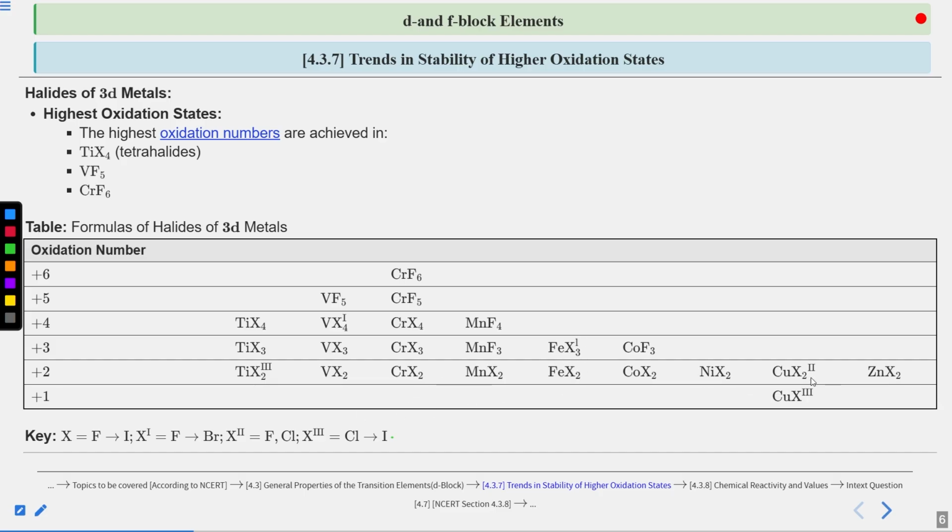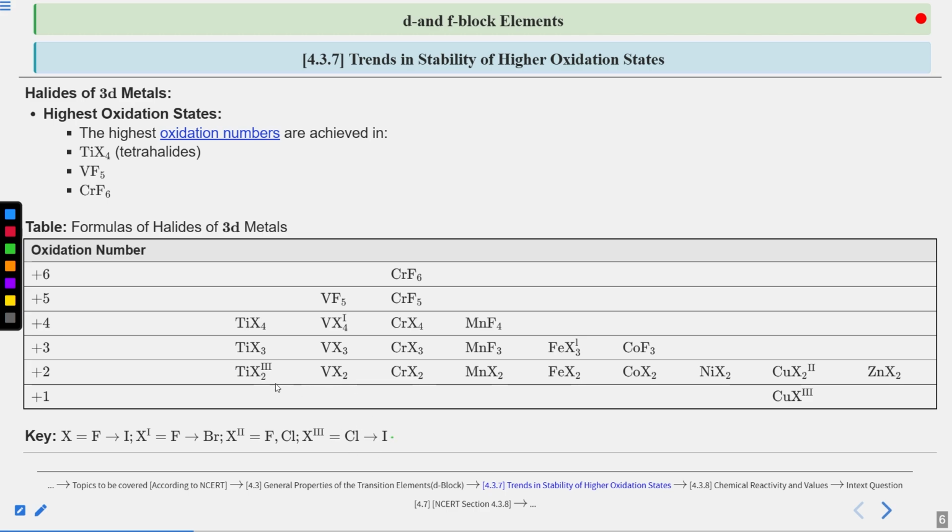Similarly, for copper, X2 means fluorine and chlorine. That means copper can form the dihalide with fluorine and chlorine, and the cuprous halide is formed with chlorine to iodine. And yes, TiX2, where X represents chlorine to iodine.